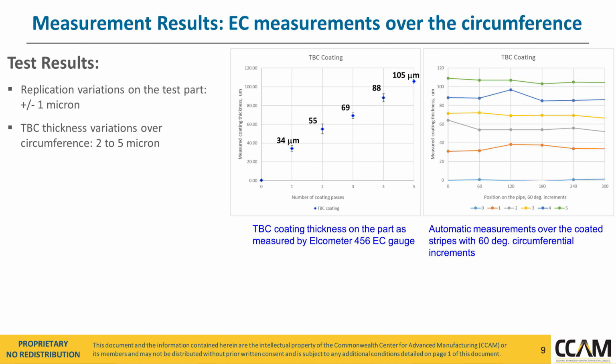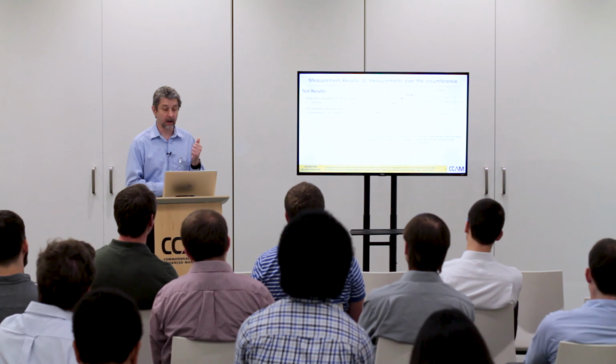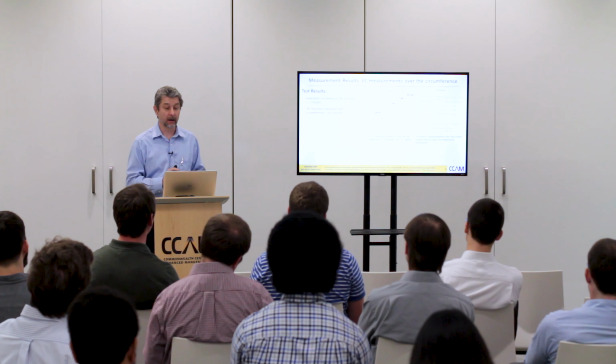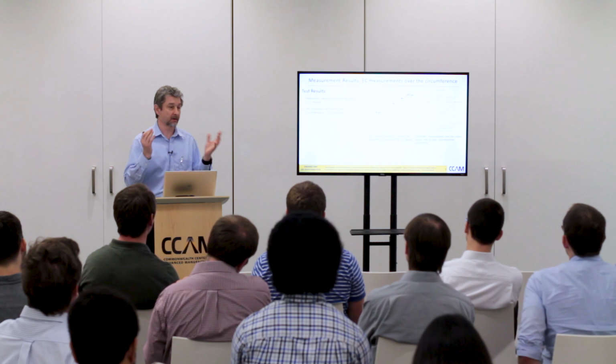From a measurement standpoint, we see that the eddy current probe has very high gauge resolution, down to ±1 micron if we replicate the measurement over the same path. The TBC coating on the chart has much larger variation because you cannot get an exactly smooth and uniform surface with the plasma spray process.